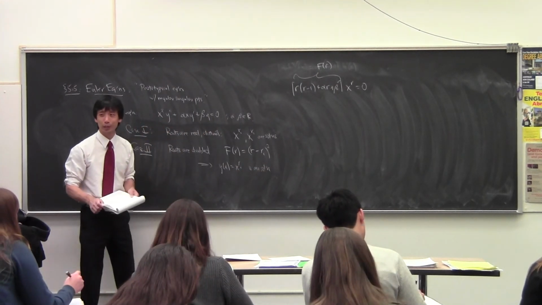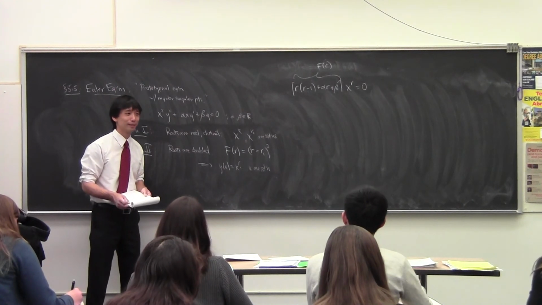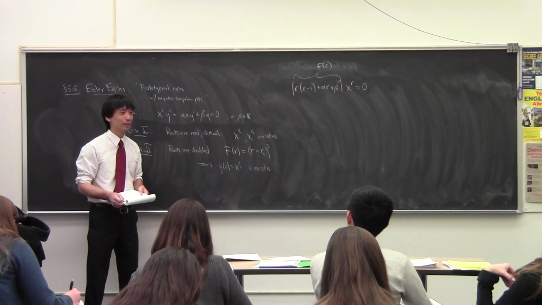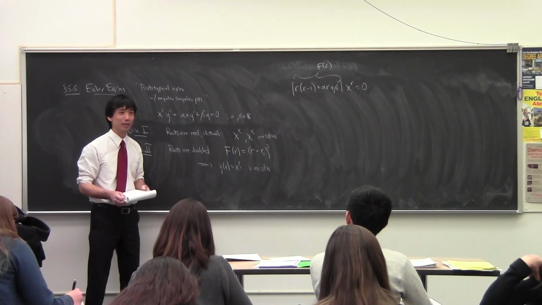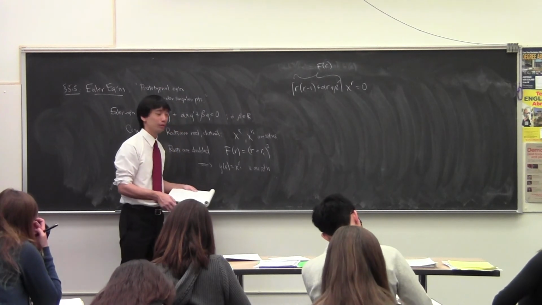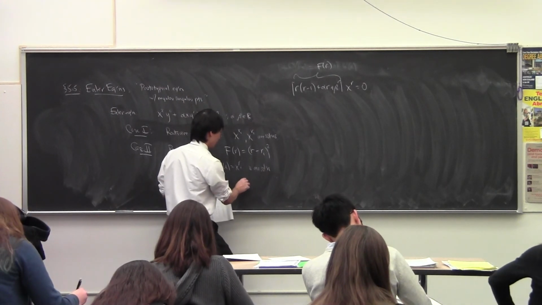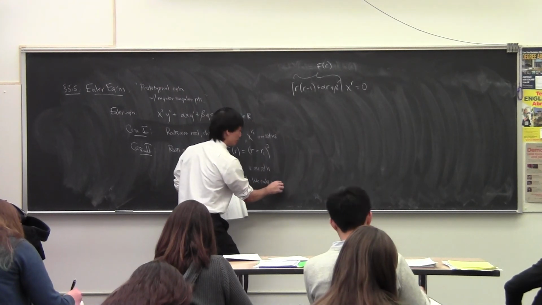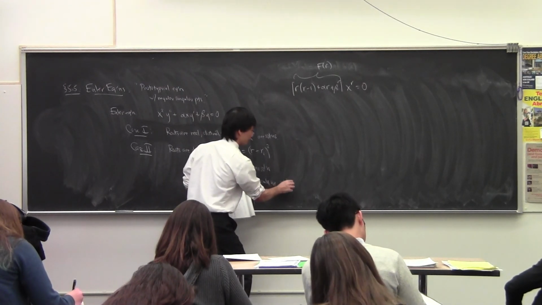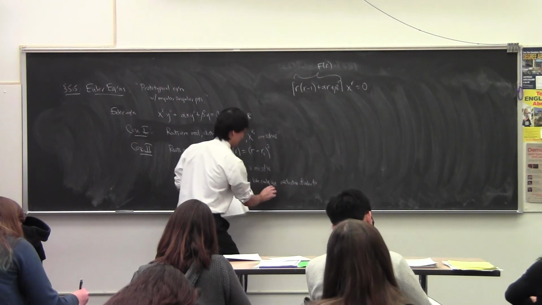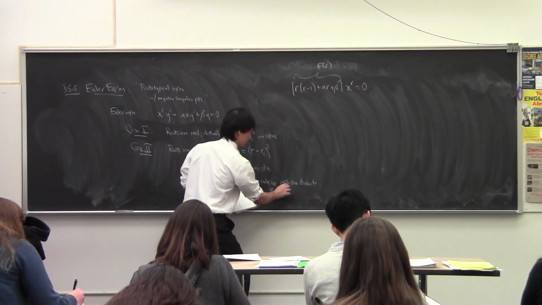And how do you suppose we go about getting the second solution? Well, multiply that function and substitute back in. You could do that. You could use reduction of order to get a second solution.